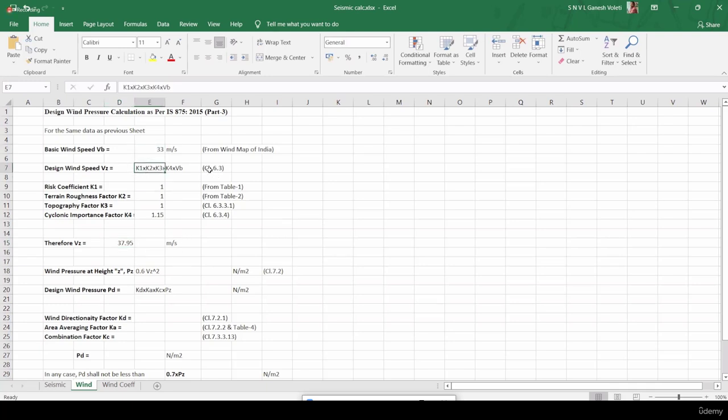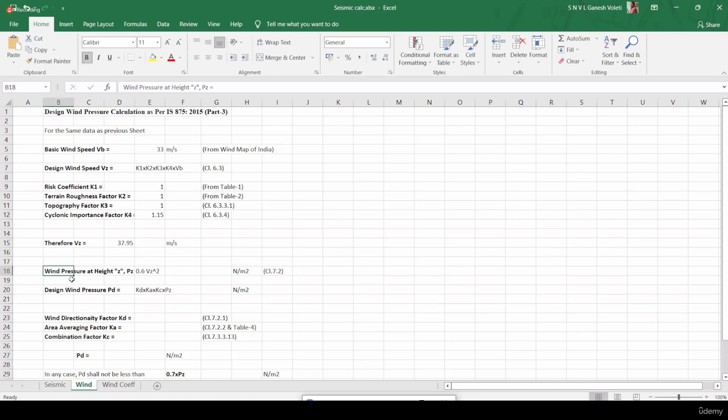That is the formula we have given in the 6.3 clause. So we have got Vz, the design wind speed, as 37.95 meters per second, while the basic is 33 meters per second. So this part is completed.